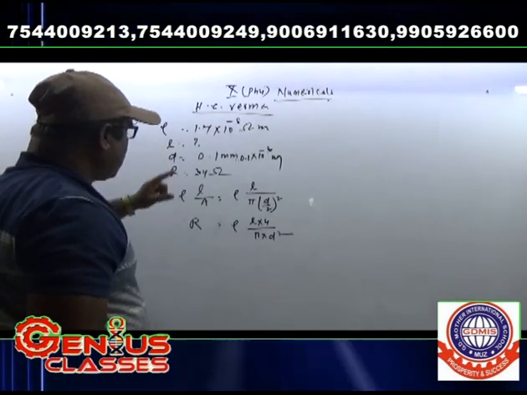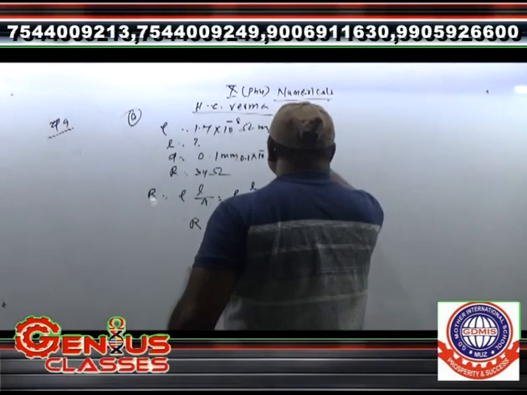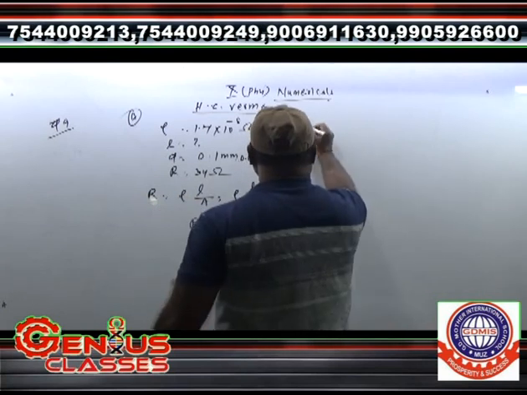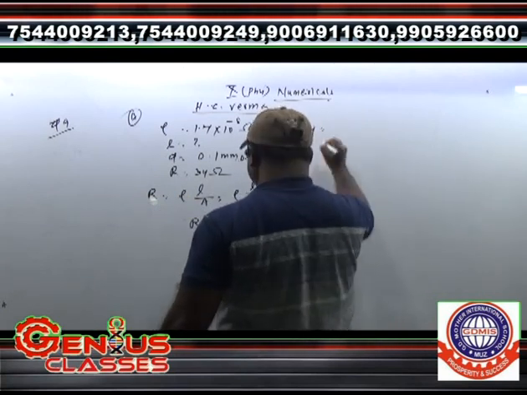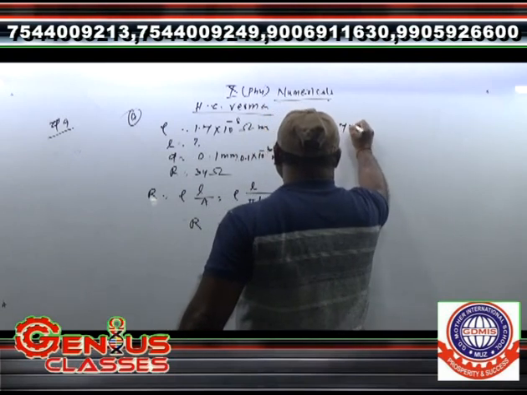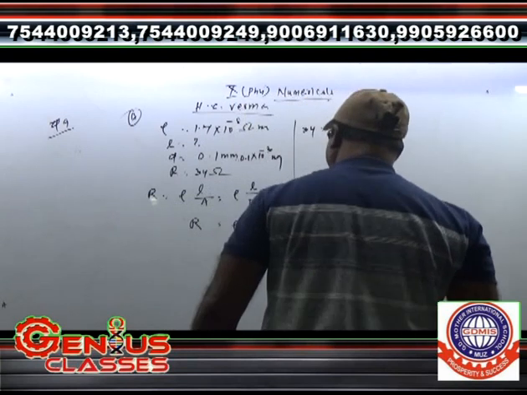Now we can put the values. We have to find the value of L. So here we do the calculation. Put the value of R, it is 34, and rho is 1.7 into 10 to the power minus 8.